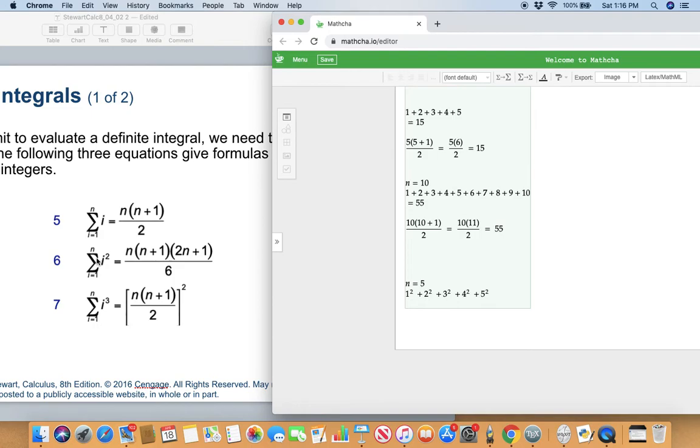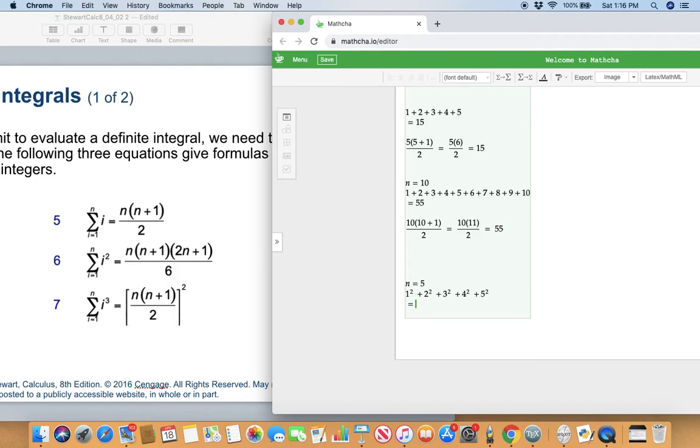You understand? That's what it means to say summation i going from 1 to n of i squared. So you're taking every value from 1 to n: 1, 2, 3, 4, 5. And then what are you doing inside? You're taking its square. That's why 1 square, 2 square, 3 square, and you're adding it.